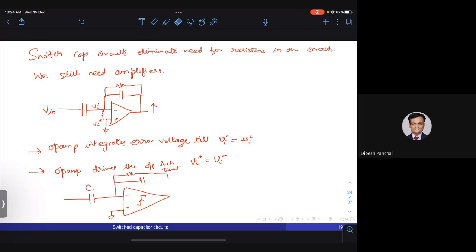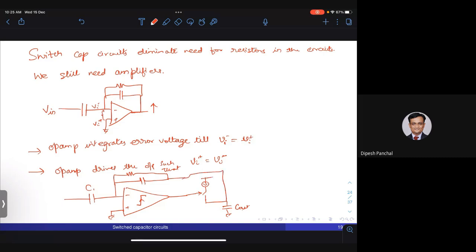Of course, the comparator's output is digital, so that is not good enough. So I'll take the comparator output and connect it to a current source and a switch.